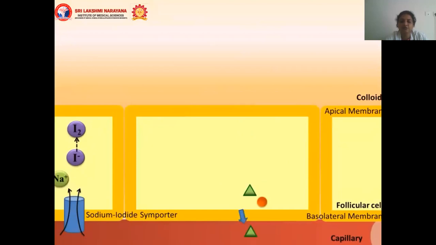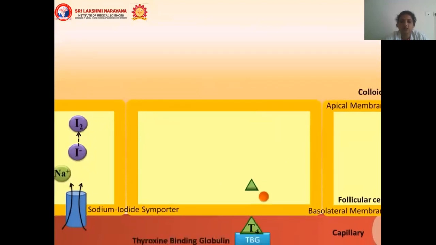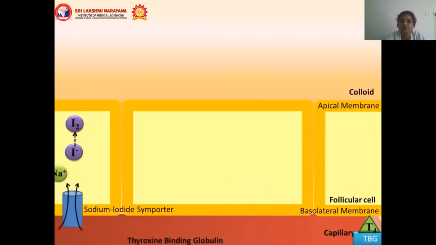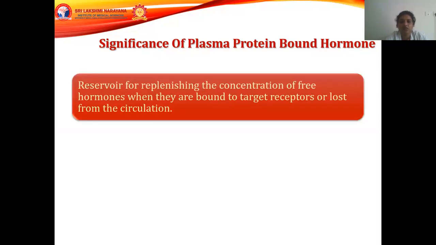Now the T4 enters into the circulation and it binds with the thyroxine binding globulin and it is carried to the target organs. So what is the significance of the plasma protein bound hormone? So this acts as a reservoir for replenishing the concentration of free hormones when they are bound to the target receptors or lost from the circulation.